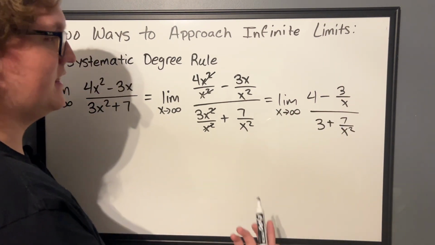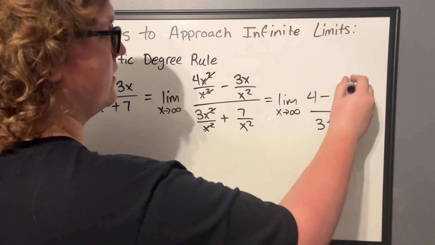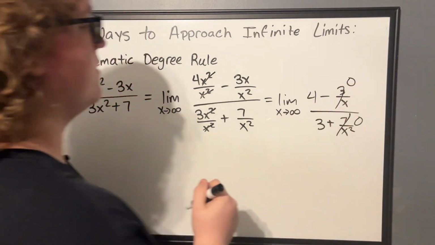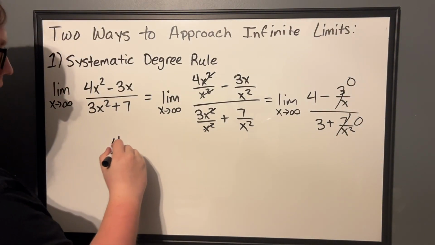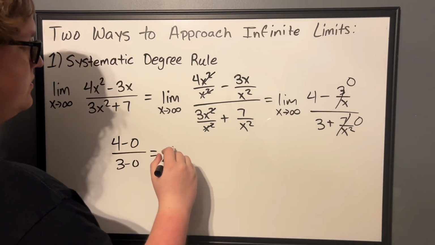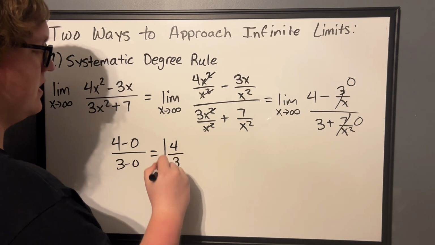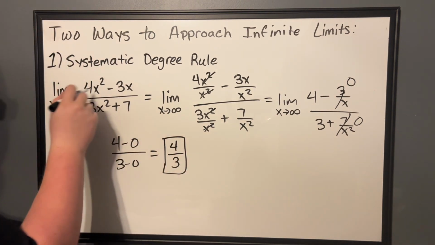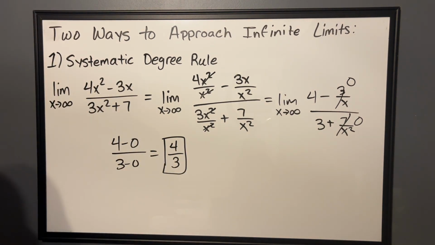The fractions with x in the denominator are going to go to 0, this is going to go to 0. So all we're left with is 4 minus 0 over 3 minus 0, which of course is equal to 4/3. So that means that the limit of this function as x goes to infinity is equal to 4/3.